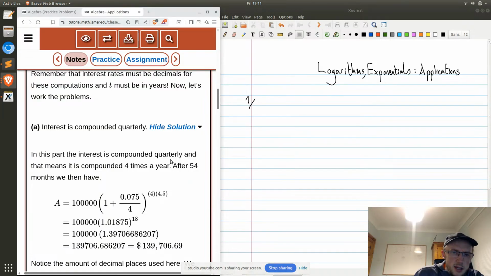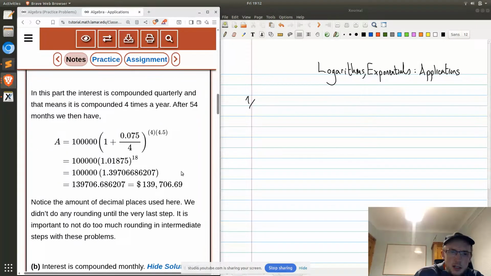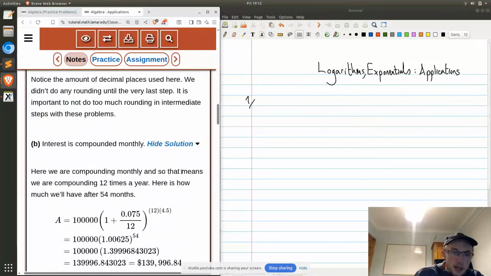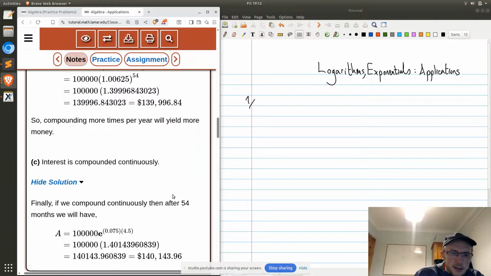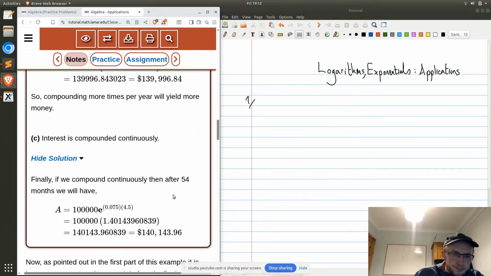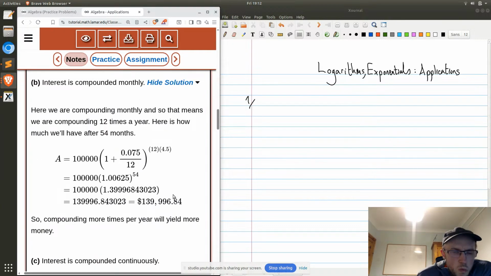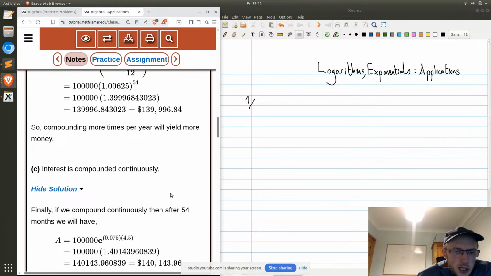So that would actually be completely fine. Yeah, no, okay. I think I understand that. And if it's monthly, 12 there, 12 there, that makes sense. And if it's continuous, what do you do? That special number which you are compounding now becomes E.